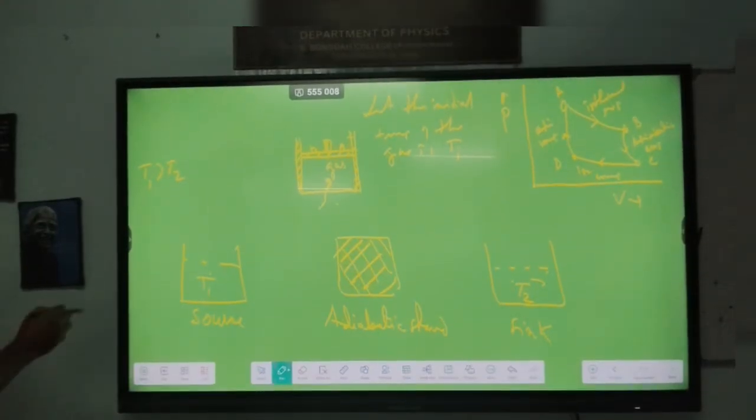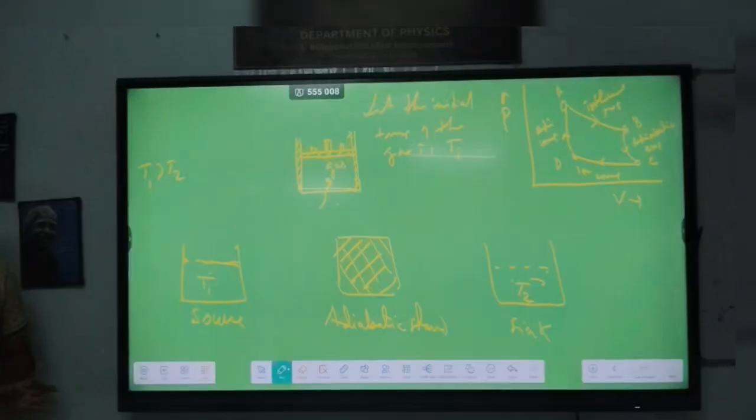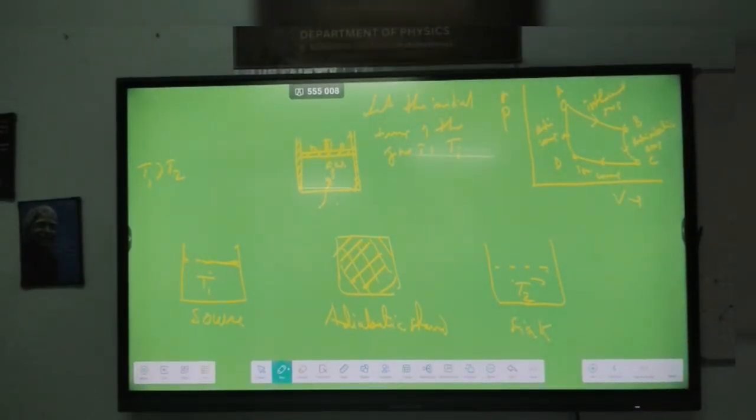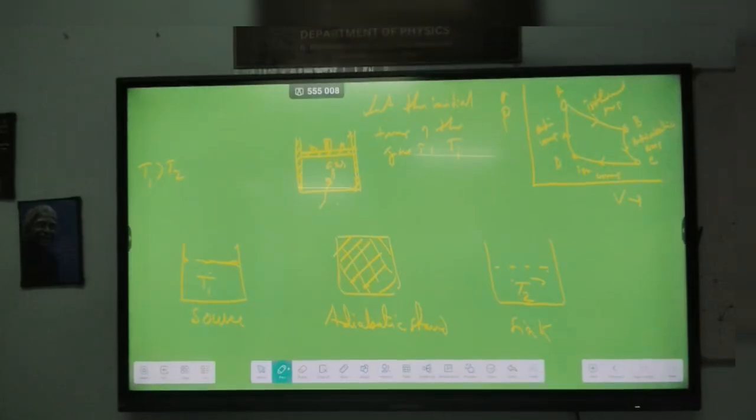First of all, I said that source and sink are reservoirs. A reservoir has a property that if you take heat from the reservoir, the temperature will not be affected. Last class we discussed that if I take heat from a reservoir or add heat, then there will be no change in temperature.